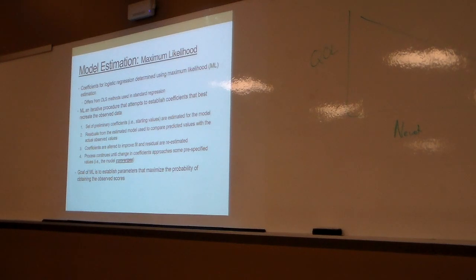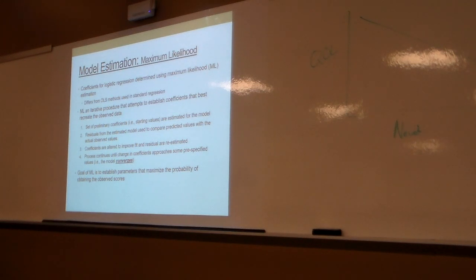Maximum likelihood is an iterative approach. I want to estimate my coefficients for this model. In this iterative procedure, we start with some starting values, then run a model with those values, compare it with the actual values that we observed, and see how good it is. First iteration, are we very good? Not so good, right?